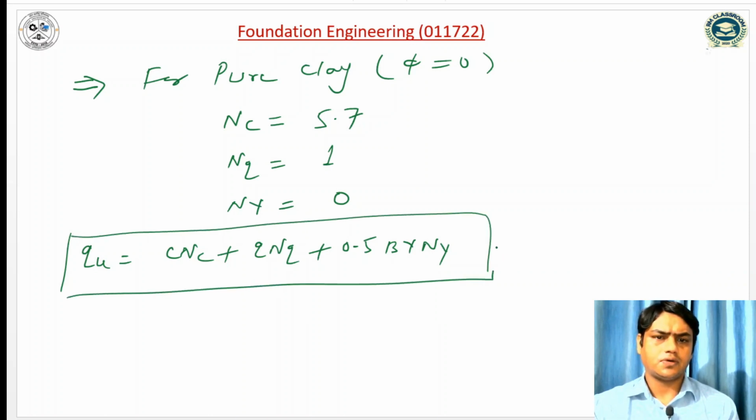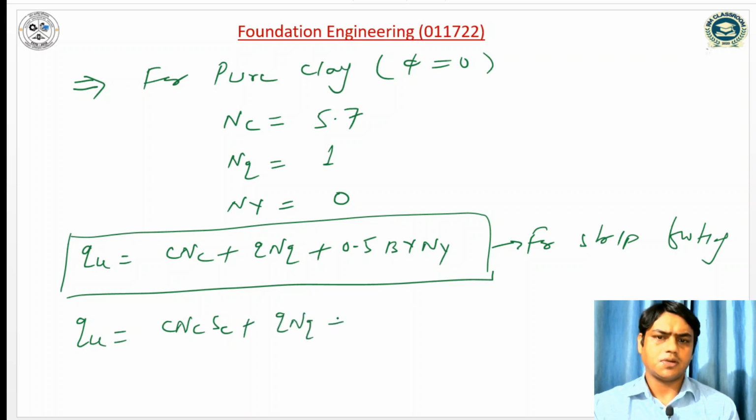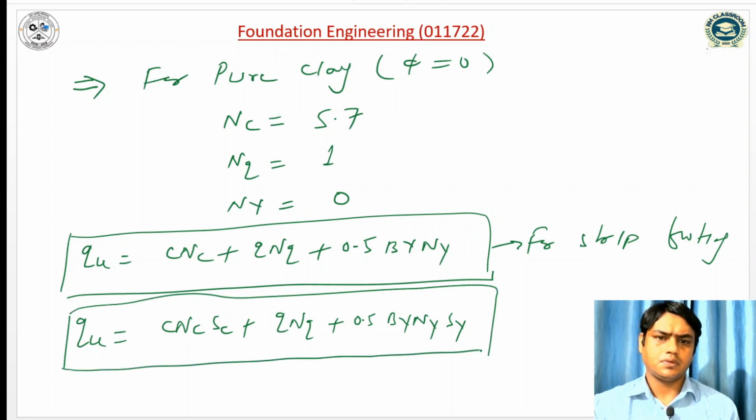This is for strip footing, or for other types of footing we can write C N_C into S_C plus Q N_Q plus 0.5 B gamma N gamma into S gamma.